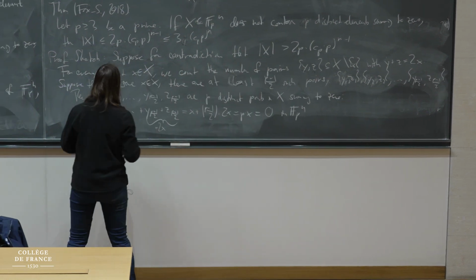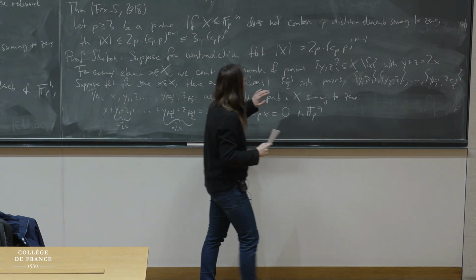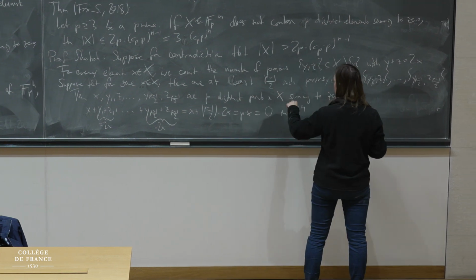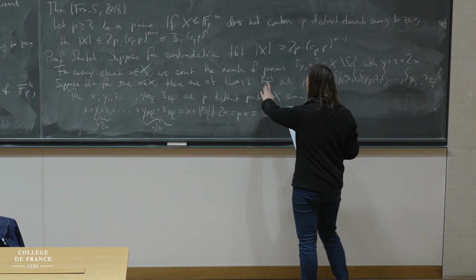So that means that for every x in X, there must be at most (p minus 3) over 2 such pairs, so fewer than this.